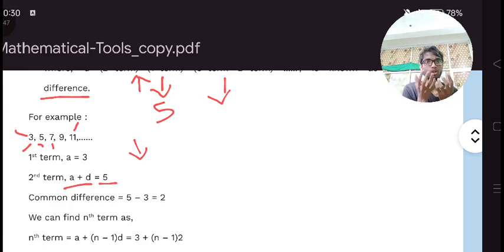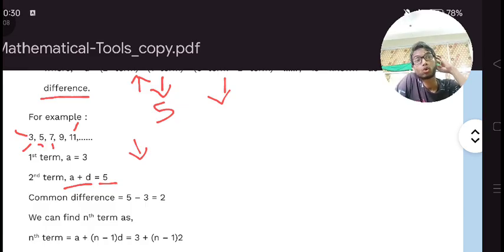Here you can see the common number 2 is coming again and again. That's why it is named common difference.